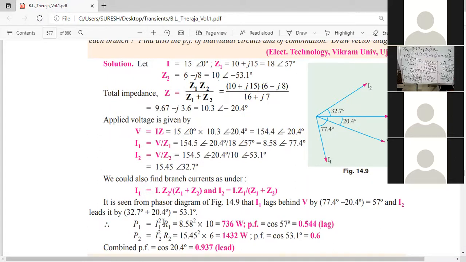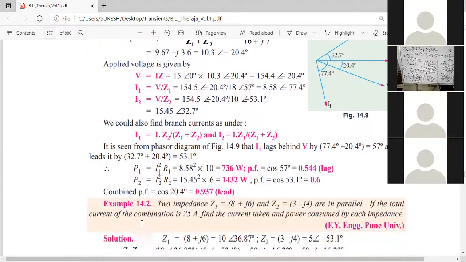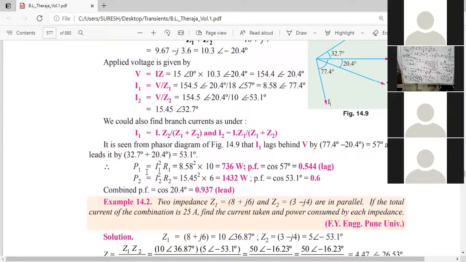See the powers P1 and P2. Power factor 1 is 0.545, the same thing.